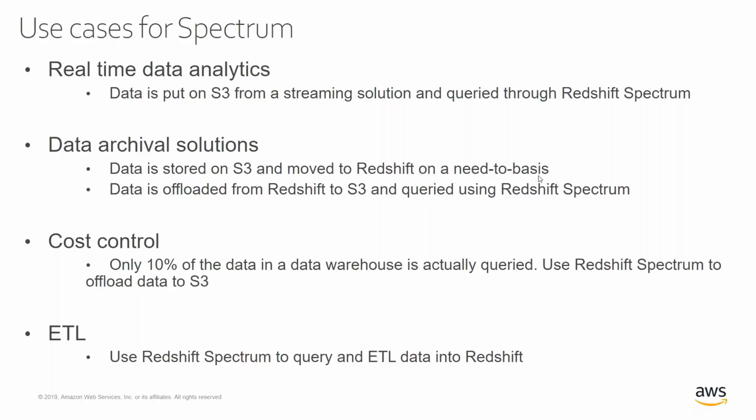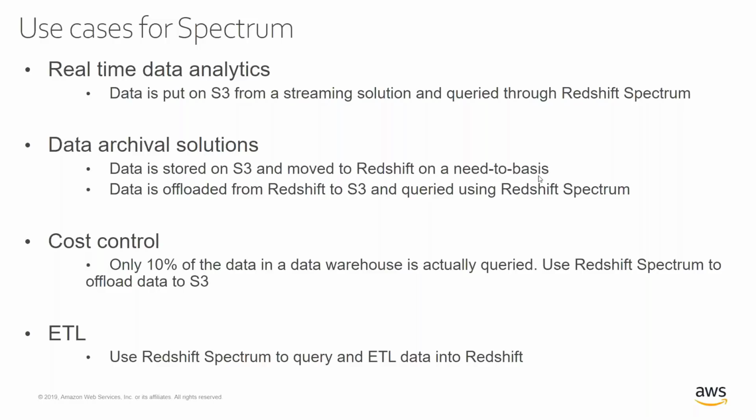So load the data that you need low latency query throughput on natively into Redshift, and put everything else on S3. So when you have a need to query that data, you can quickly run a Spectrum query and get access to that data. Which brings us to the third point, cost control.